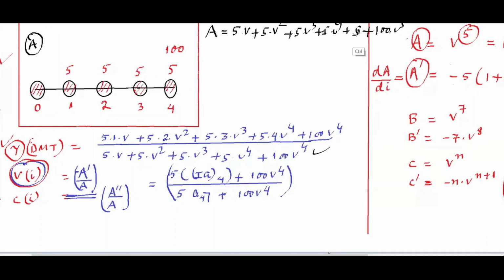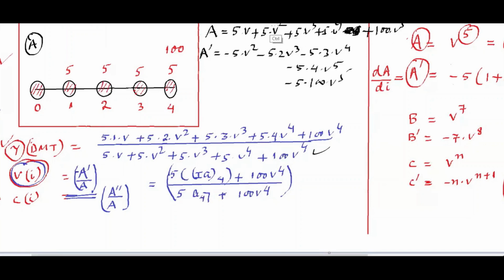Okay, so here if I differentiate, I will get minus 5 v square, minus 5 into 2 v power 3, minus 5 into 3 v power 4, minus 5 into 4 v power 5, then minus 500 v power 5.